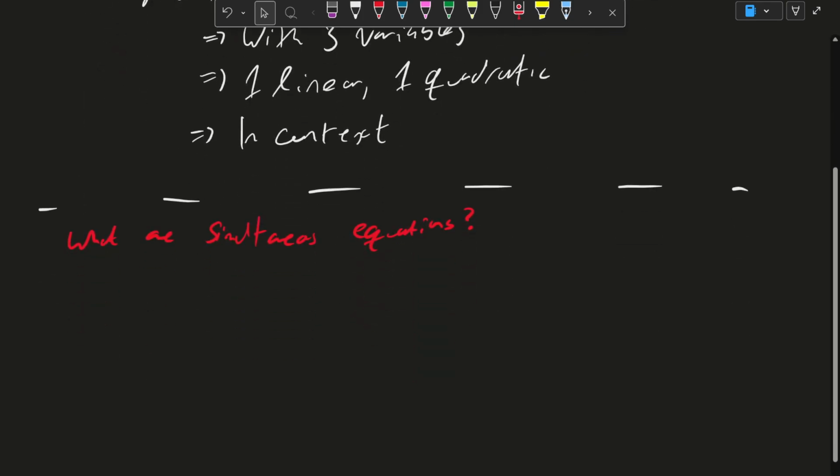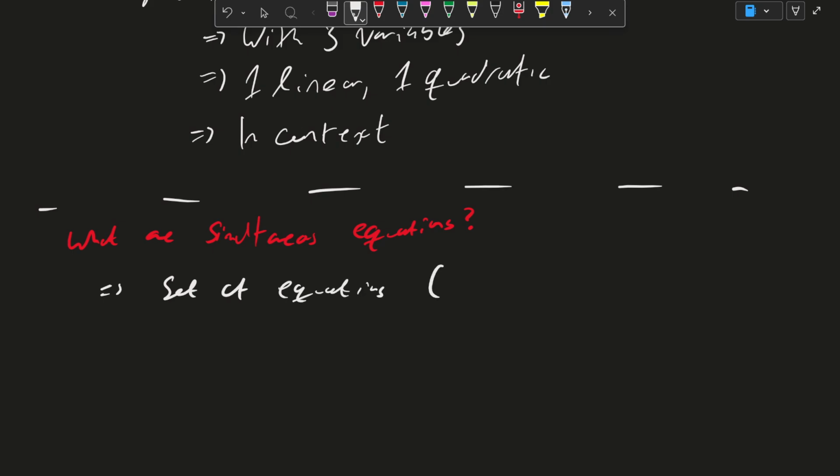So first things first, just reminding ourselves of what a simultaneous equation is. A set of simultaneous equations is a set of n equations with a total of n unknowns to solve for.